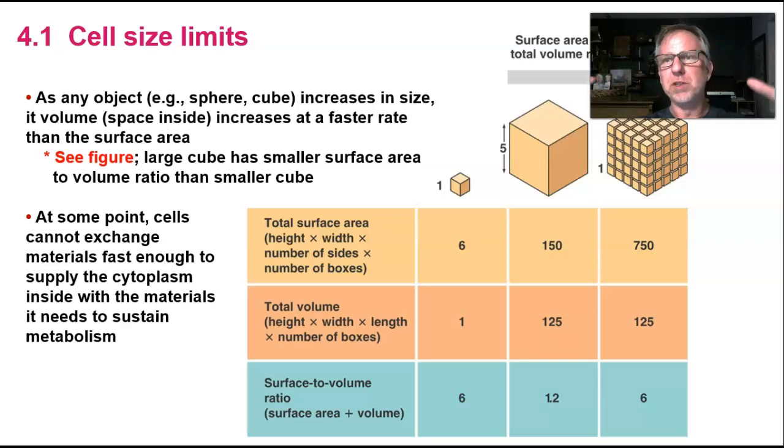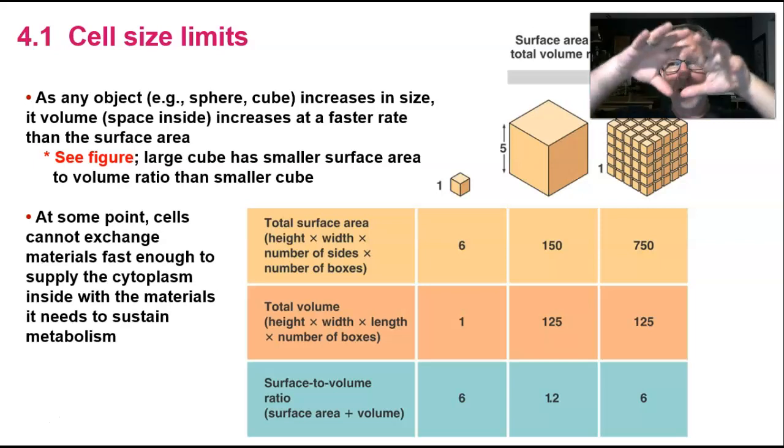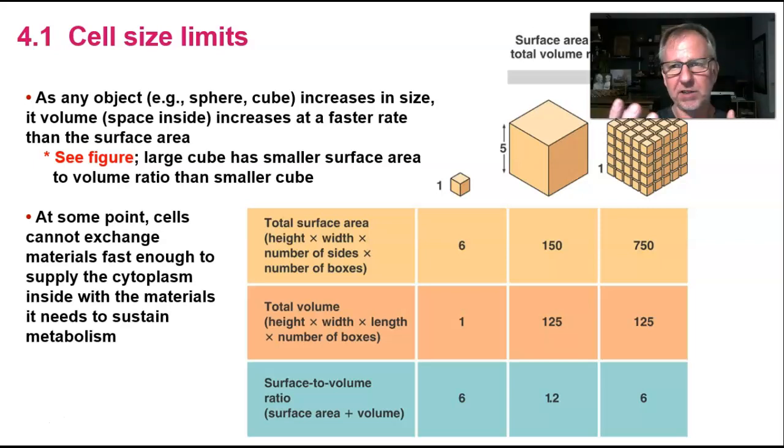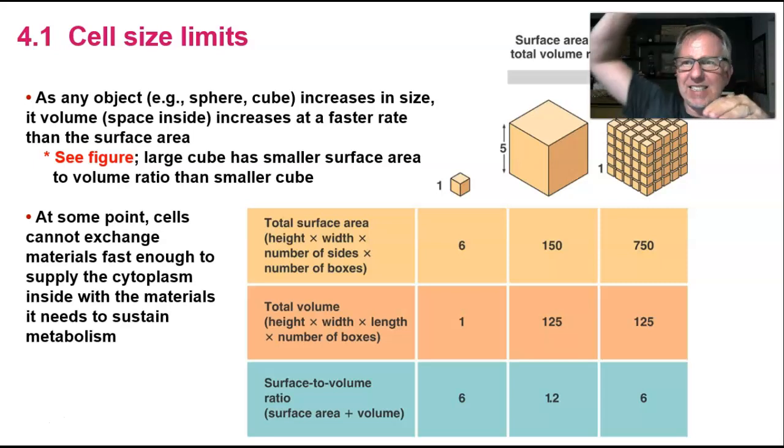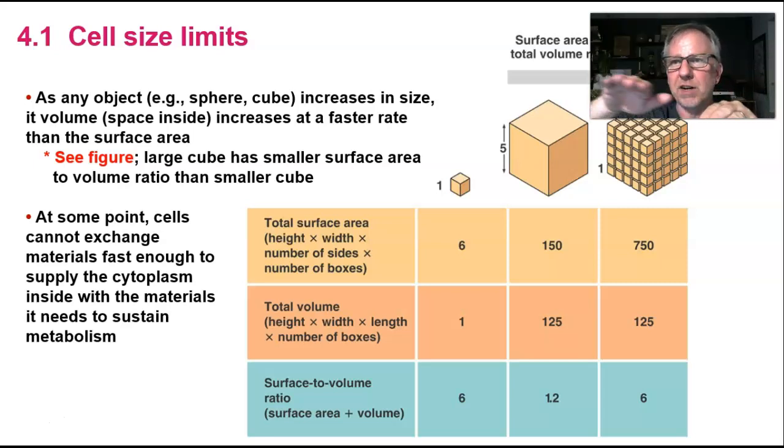They're all cubes of different sizes. As any object of a particular dimension gets bigger, this is what happens. The volume, the amount of space inside, increases at a faster rate than the amount of surface area on the outside. So the volume is outpacing the surface area.